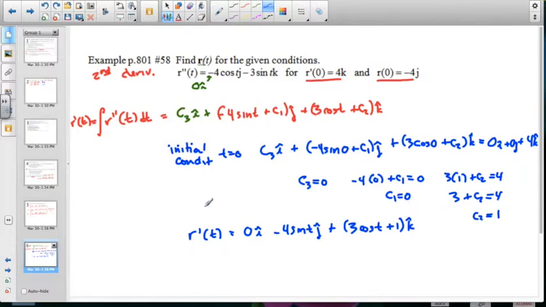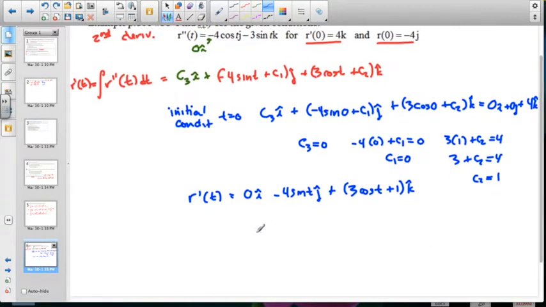Now I want to find the actual function, so I have to integrate this one more time. So in order to find the function itself, r of t, I'm going to go ahead and integrate this. That's why I kept the 0i there, because I might have a constant of integration pop up here.